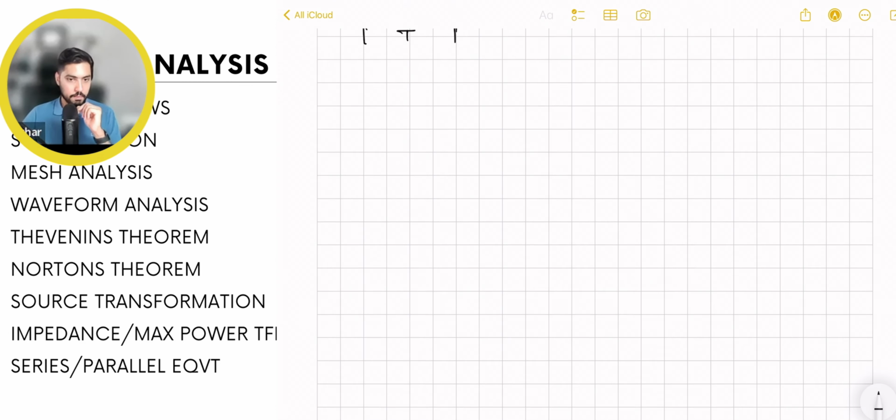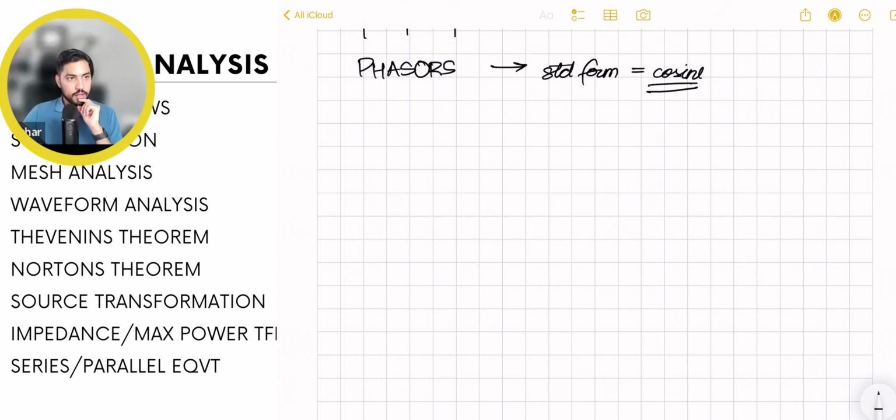So be very careful. Phasors. The two things that you need to understand about phasors is that the standard form of a phasor is always in a cosine.